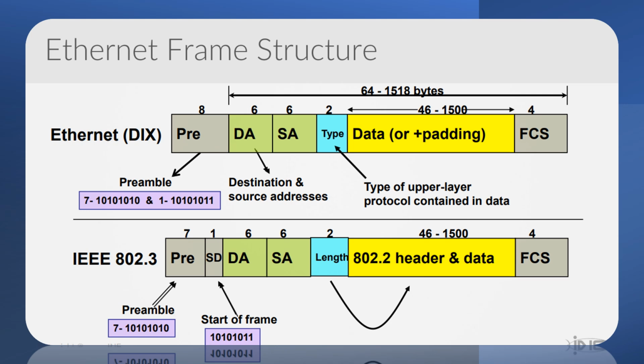It is not of any fixed size. It can vary from 46 bytes to 1500 bytes. The data should be a minimum of 46 bytes to be in one frame. Here is the actual data which is being transmitted. Now the last segment is the FCS, that is the frame check sequence.